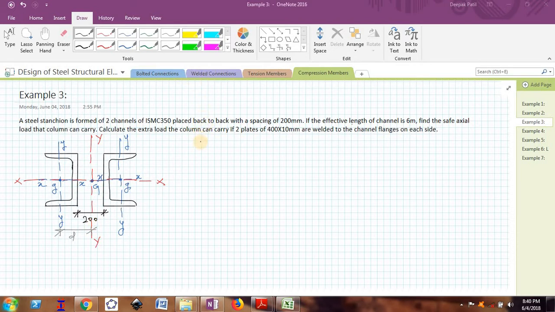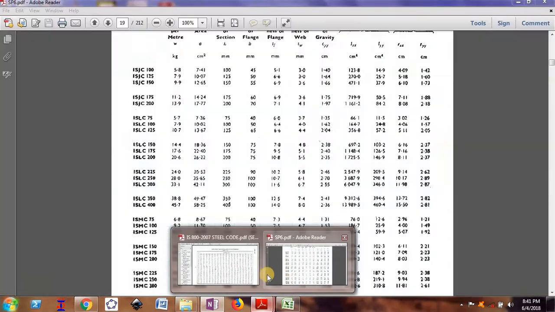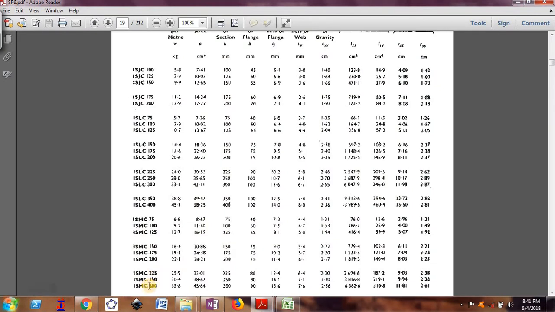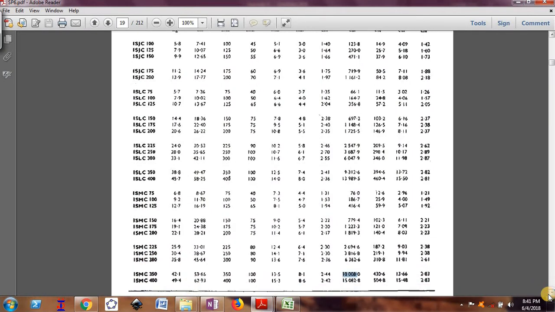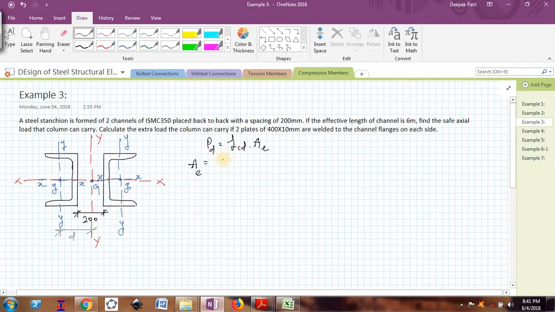So I will write the formula to find the value of design axial load. PD is equal to FCD into A, where A is the effective cross section area of both the channels together. If I look into the steel table for ISMC 350, the area is 53.65 cm square for each channel.